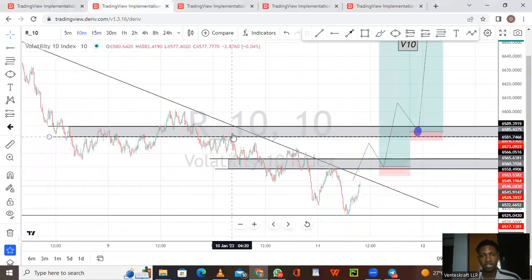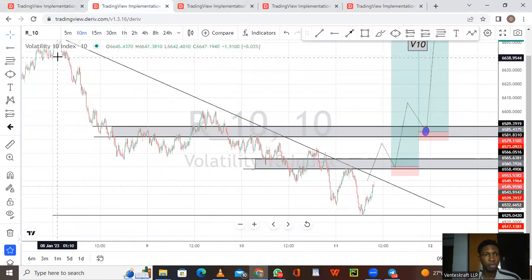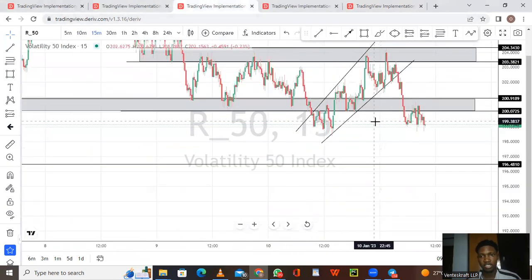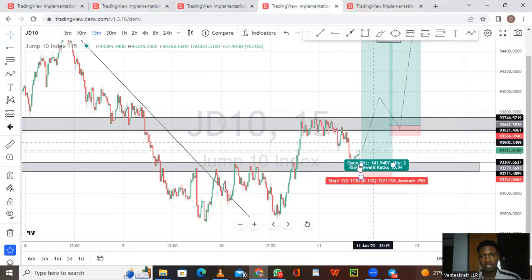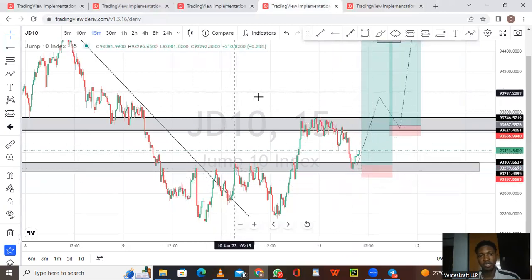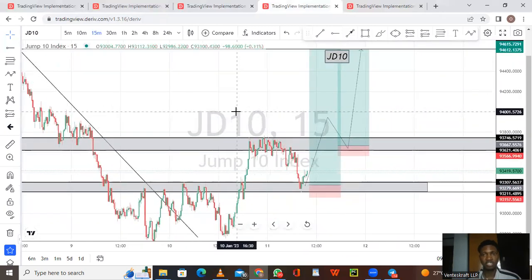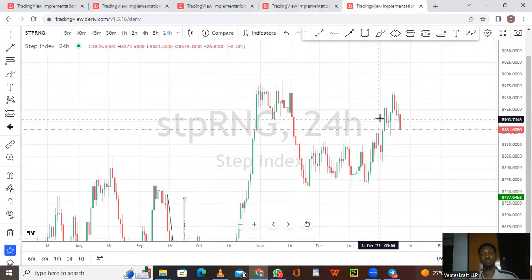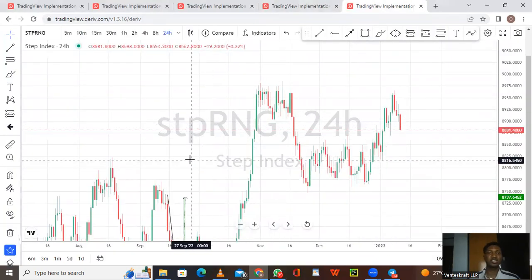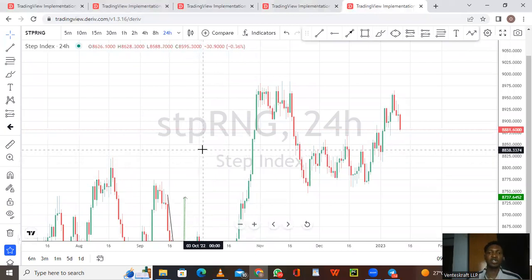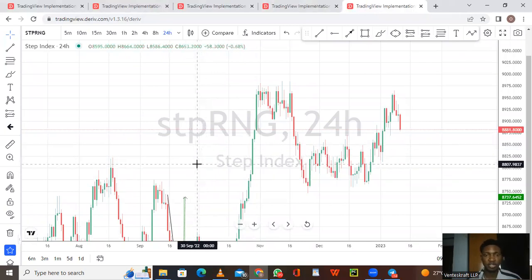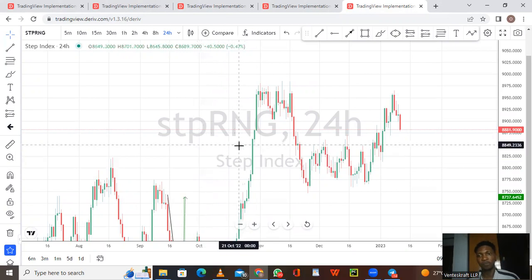I have that of volatility 10 index, V50, and this is currently the one that is playing out. This is J10. So my next step here is to run a top-down analysis on step index to see what I am looking at for step index today.